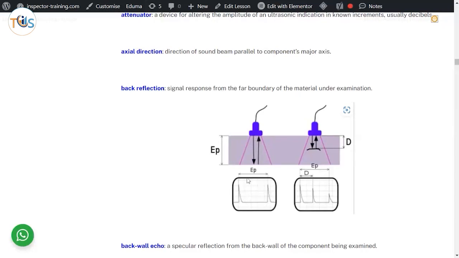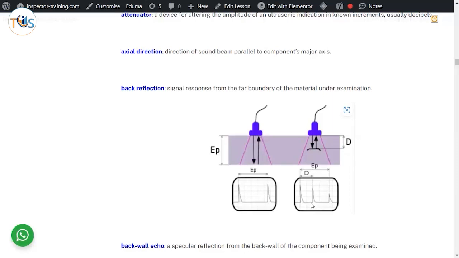By the time it goes, hits and comes back, that's a back wall echo, back reflection. So this distance would practically be the thickness of the material. You can determine the thickness of the material very simply and very accurately with a 0 degree or compression probe.